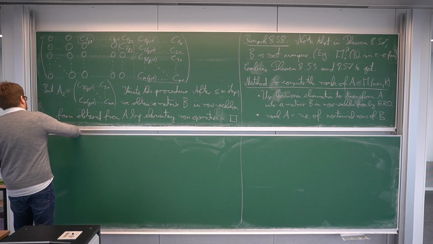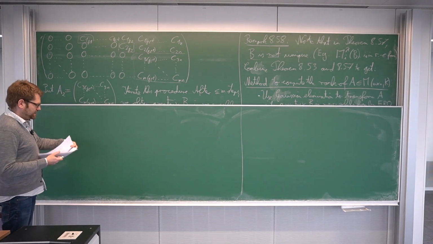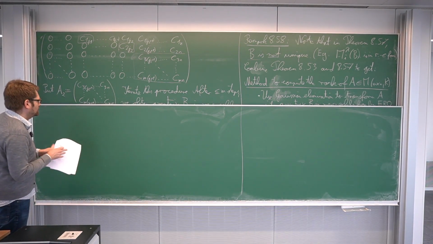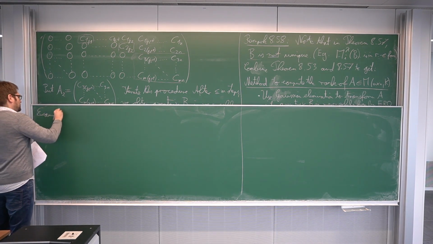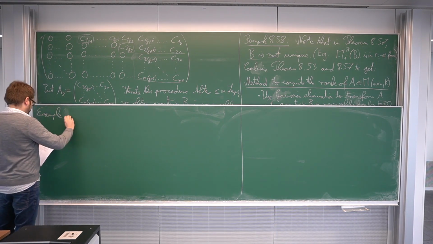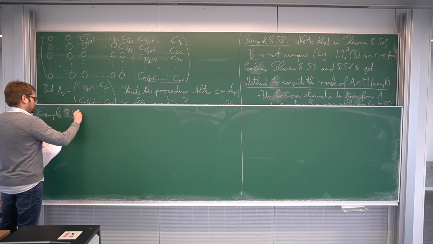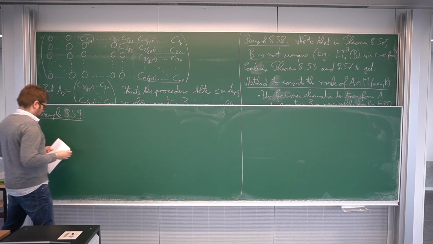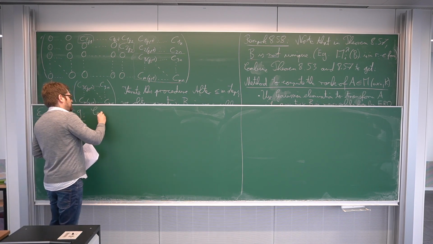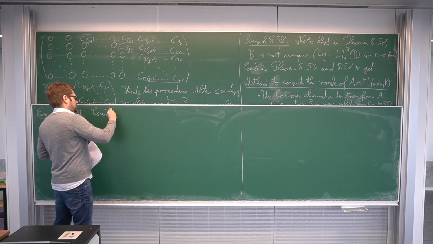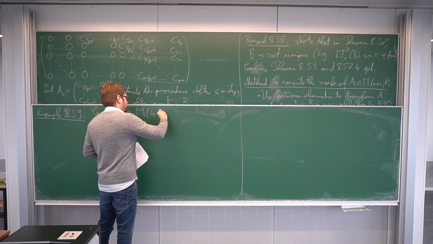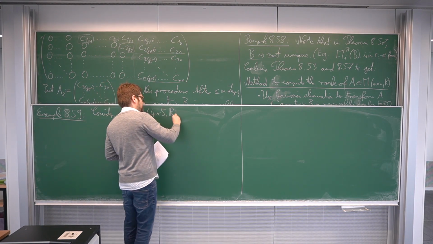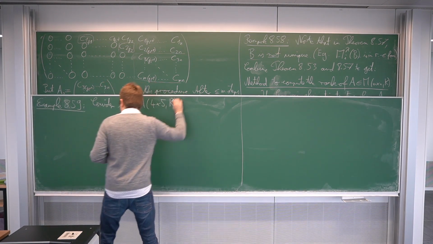Okay, now, of course, this is time for an example. Example 859. Consider the following matrix. A is a 4 by 5 matrix with real entries, namely the following one.